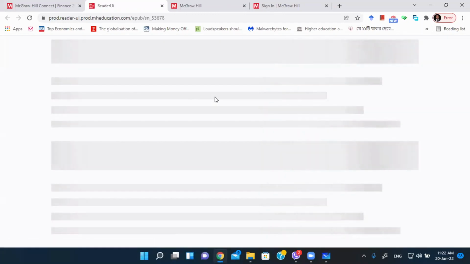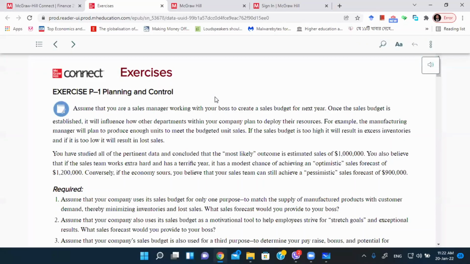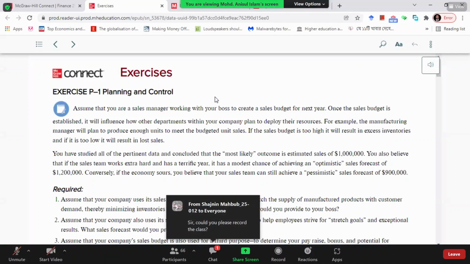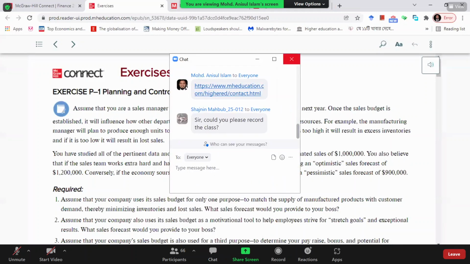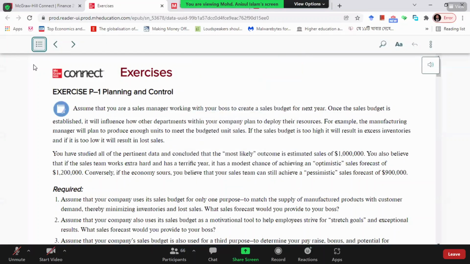So if you have the text, please open page number 82. We will try to explore the problem, exercise 2.9. This is my ebook.